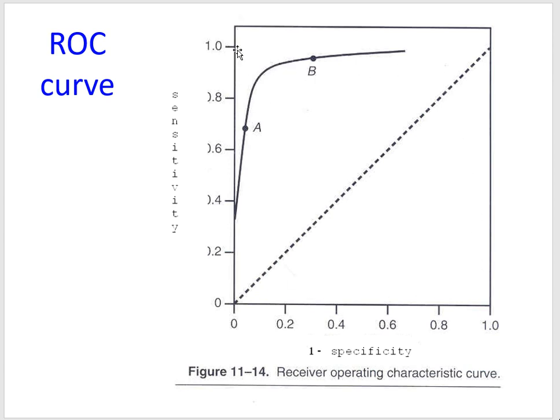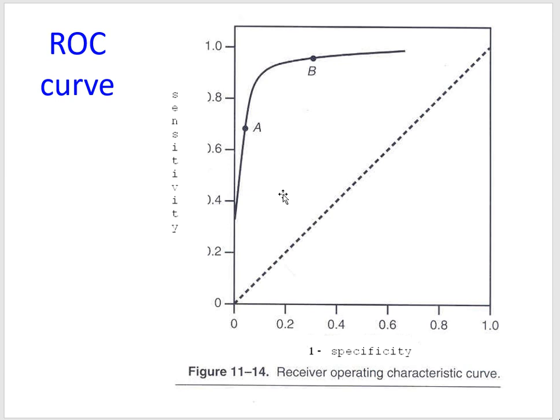Remember, I mentioned a moment ago that the entire square has an area of 1. So the area under the curve, maybe in that example, could be 0.9 or 0.88. If you have multiple curves, the one that has the largest area under the curve will be the better one.